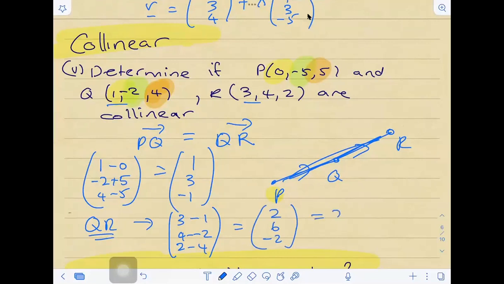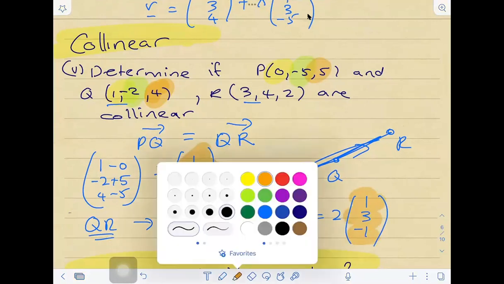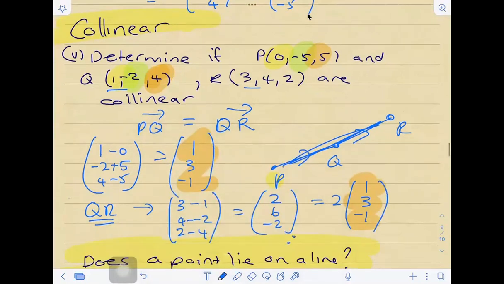If you take a 2 out of that, you get (1, 3, -1). And if you look at those, they are scalar multiples of each other. So therefore the points must be on the same line, because that's saying they're parallel, but they share a common point. So therefore, they are collinear.